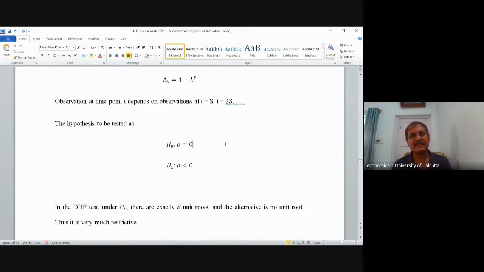And rejection of H0 indicates there is no unit root in the series. That is, the series is stationary. So in DHF test, we have hypothesized 2 extreme situations: presence of 4 unit roots for quarterly data and no unit roots.